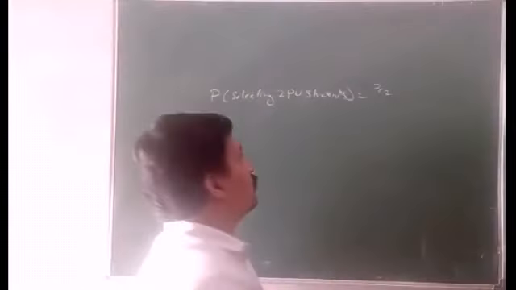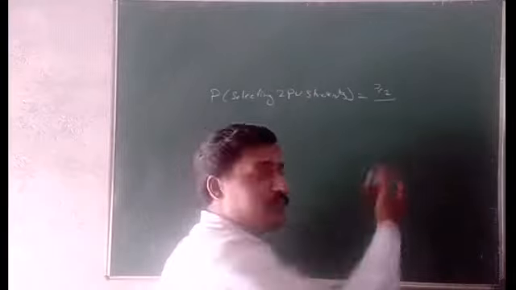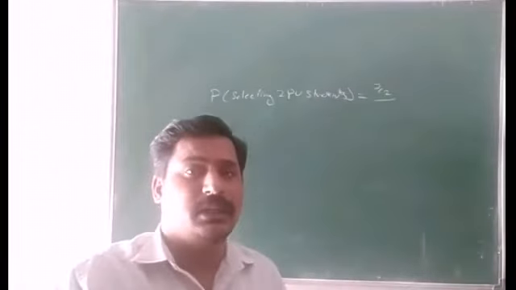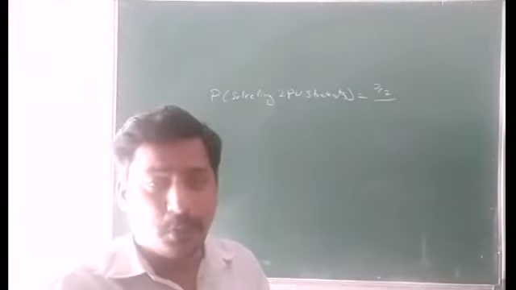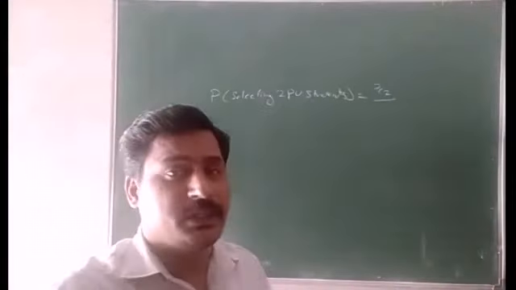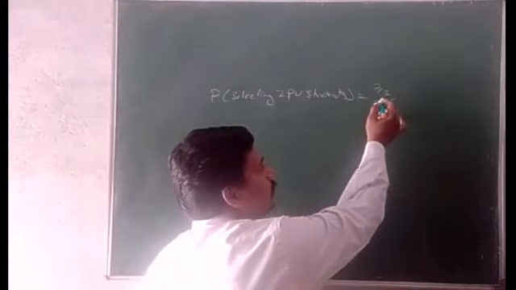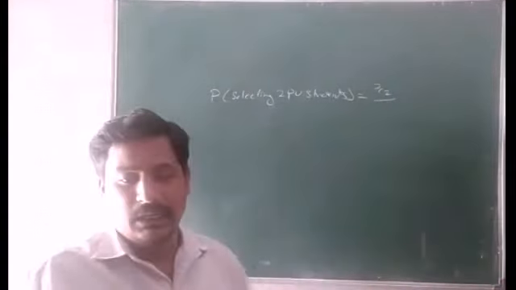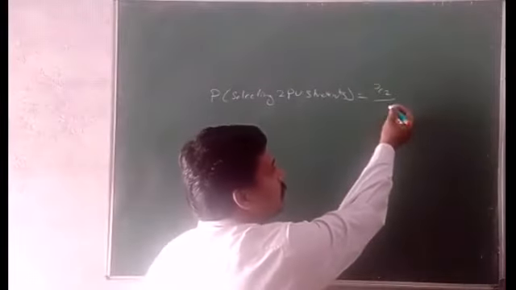So the probability of selecting PU students will be 7C2 divided by total how many students are there? 7 PU, 3 degree is 10, plus 2 post graduation, so total 12 students are there. Instead of doing that here, directly we'll solve the problem. So 7C2 ways.